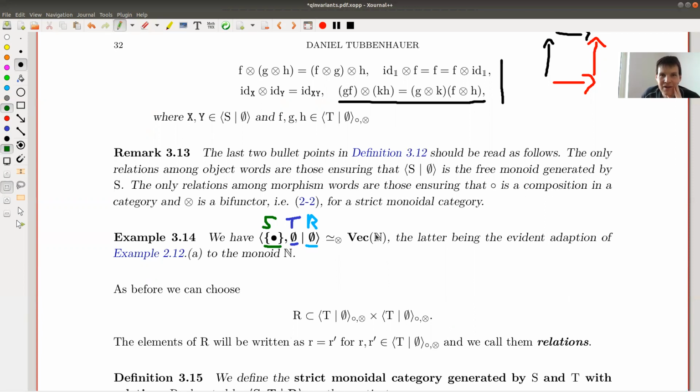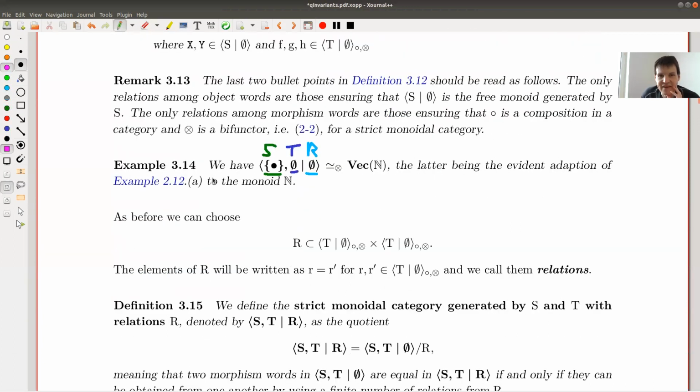Why? Well, because all objects are just dots. All morphisms are just identities, and there's just nothing you can do. And Vect was this category where the objects are just elements in your monoid, and the morphisms are trivial. So this is basically by definition. We will see much better examples in a second.